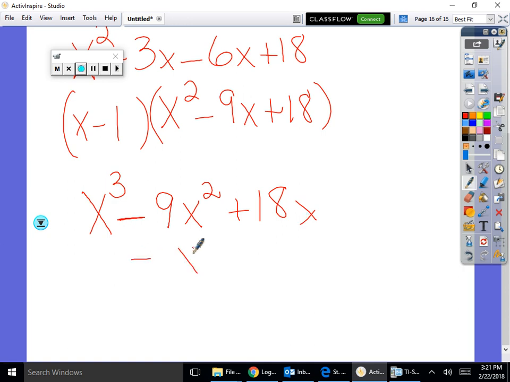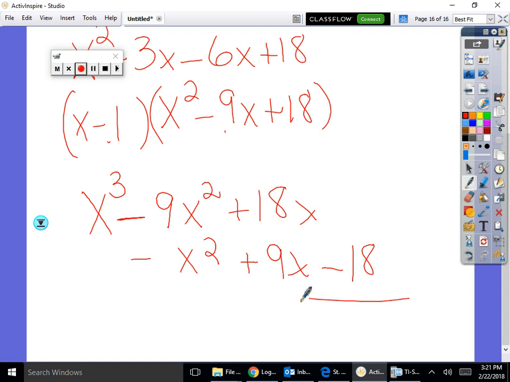Negative 1 times x squared. Negative x squared. You don't have to do it this way. You can do one straight line. I like to line it up with who it matches. You could do just one long straight line. You know what I'm talking about? And then combine at the end. Okay, so now negative 1 times negative 9x. Plus 9x, right? Because a negative times a negative is a positive. Negative 1 times 18.